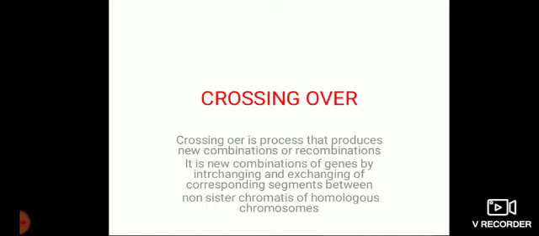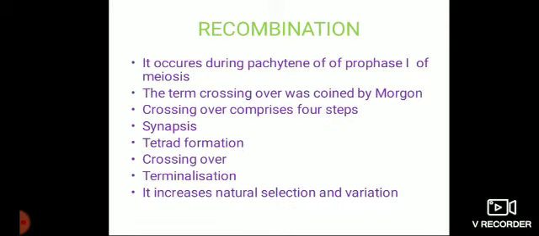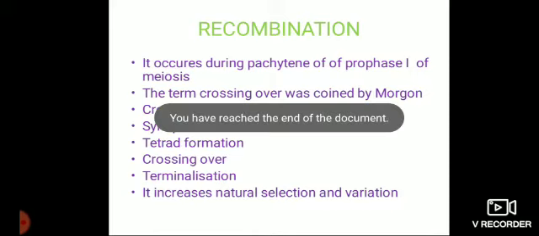So there is an exchange of segments of genes. That is the crossing over, and due to the crossing over, there is a recombination in prophase 1 of meiosis. It occurs through the pachytene of prophase 1. Then it comprises stages like synapsis, that is the pairing, tetrad formation, crossing over, terminalization. It increases natural selection and variation.